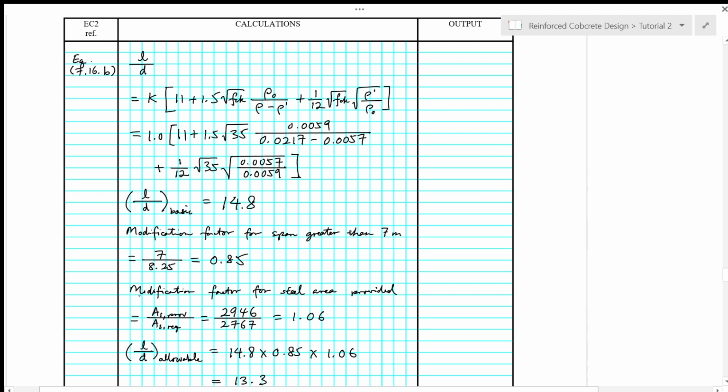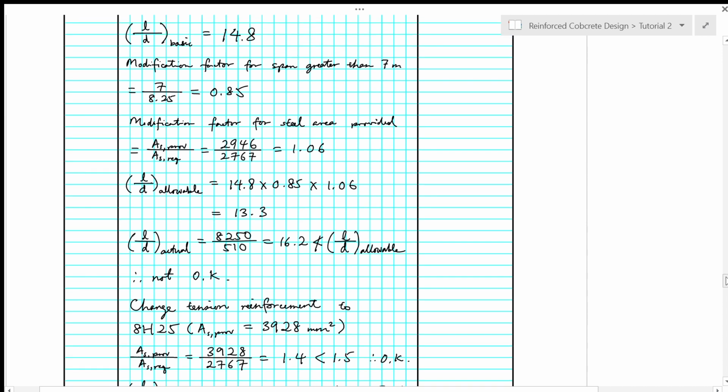And we get another modification factor for steel area provided. The provided steel area is 2,946 square millimeters divided by the required steel area of 2,767 square millimeters, we get 1.06. So multiplying L over d basic by these factors, we get 13.3 as the allowable L over d ratio.